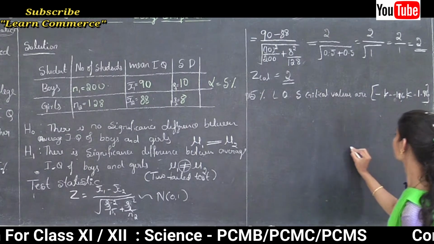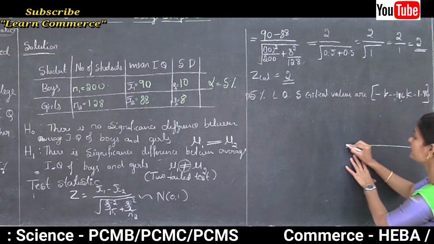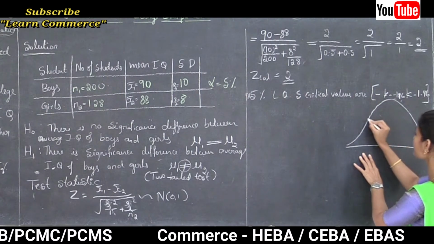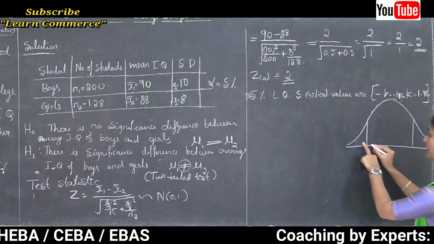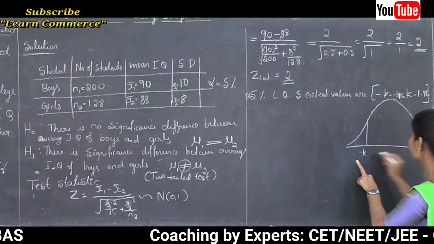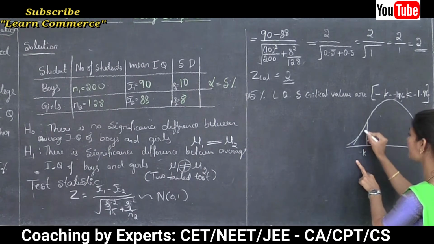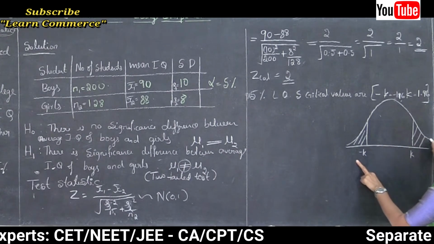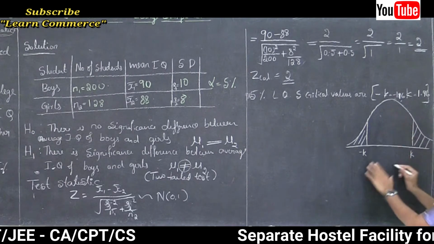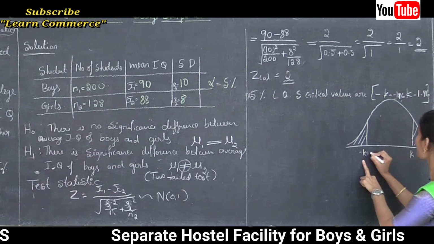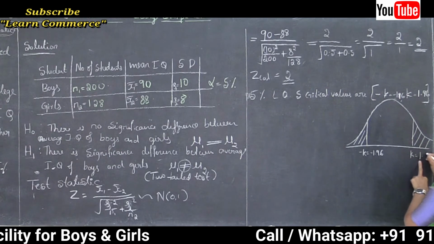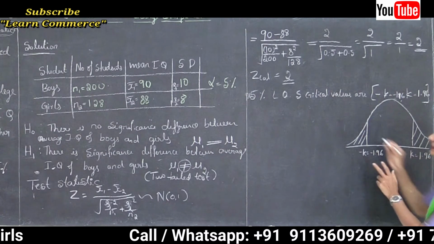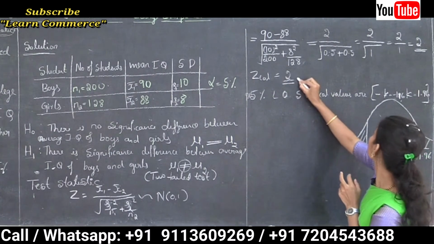We know that in a two-tailed test, the rejection regions are located at both tails of the probability curve. This is minus k, this is plus k. These are the rejection regions and this is the acceptance region. Here minus k value is minus 1.96 and plus k value is plus 1.96, and the calculated value is 2.